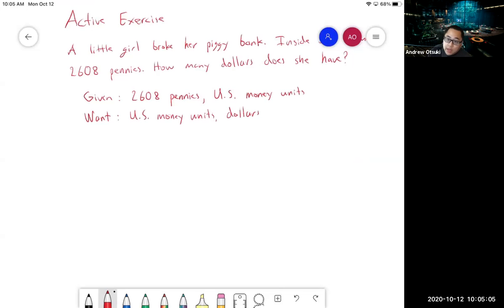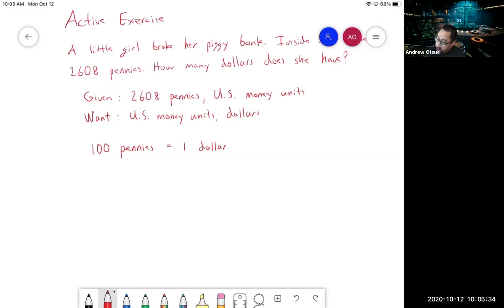Everyone probably has lived in the United States unless you're a foreign student, but 100 pennies is equal to $1. That's our monetary system.